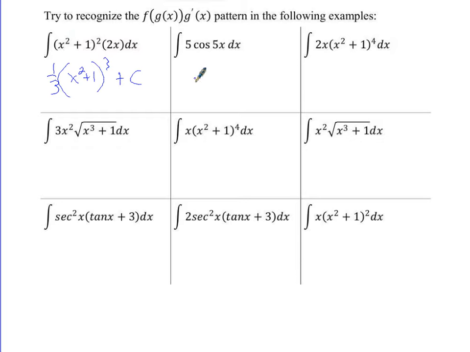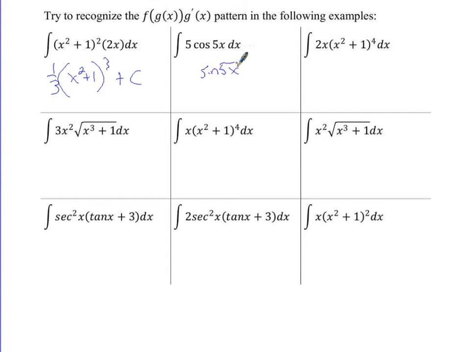Next one. Again, we want to see that there's some sort of chain rule that happened here, and we want to undo the chain rule. So my original function would have been what sitting here? Sine 5x. If I integrate 5 cosine 5x, the cosine 5x must have come from a sine 5x.